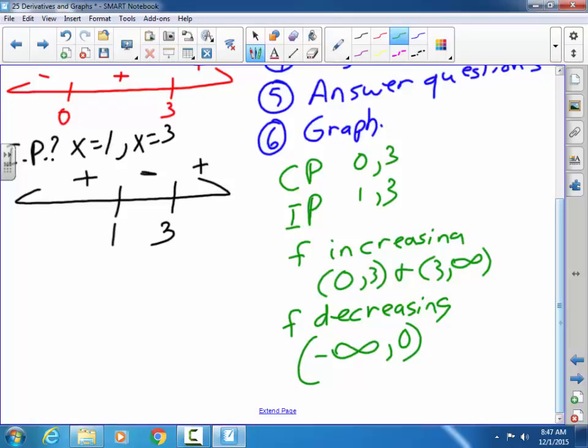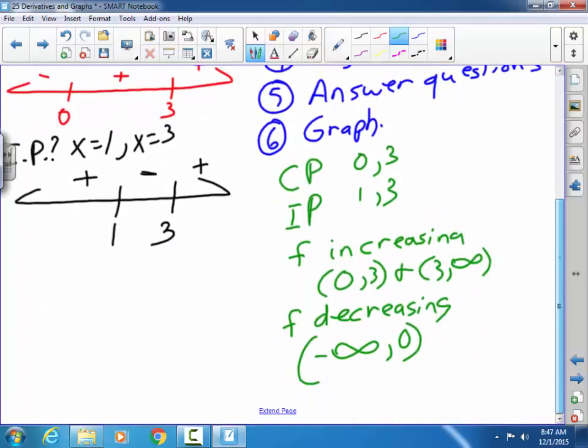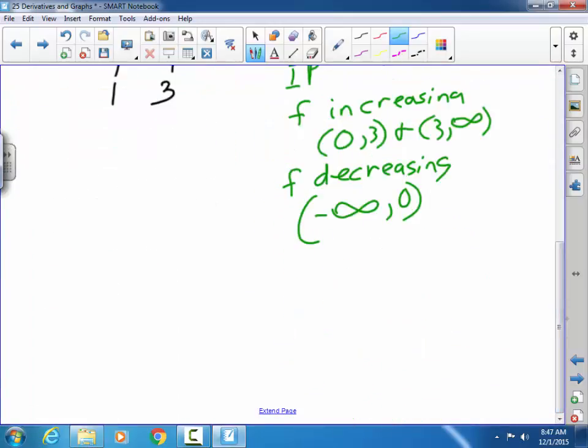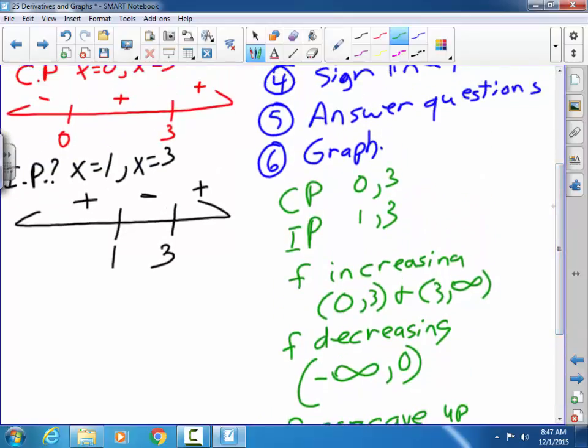All right? Where is the function concave up and concave down? How do we determine concavity for our function? Second derivative. So f is concave up where the second derivative is what? Anybody remember? Yes, concave up means that the second derivative is positive.